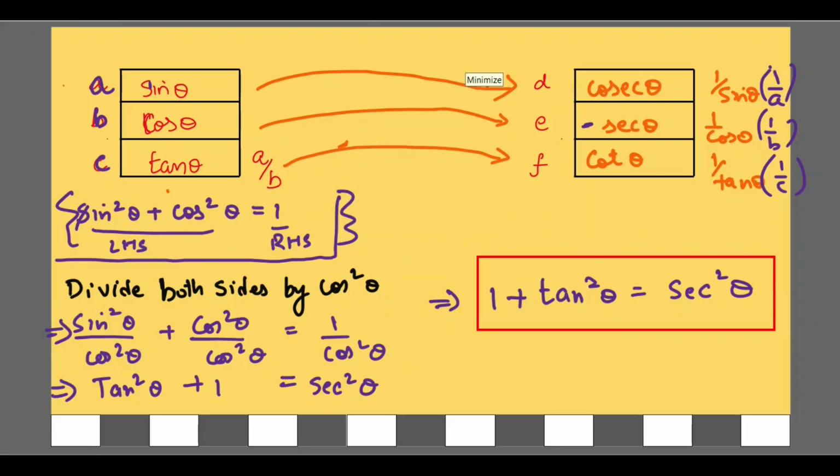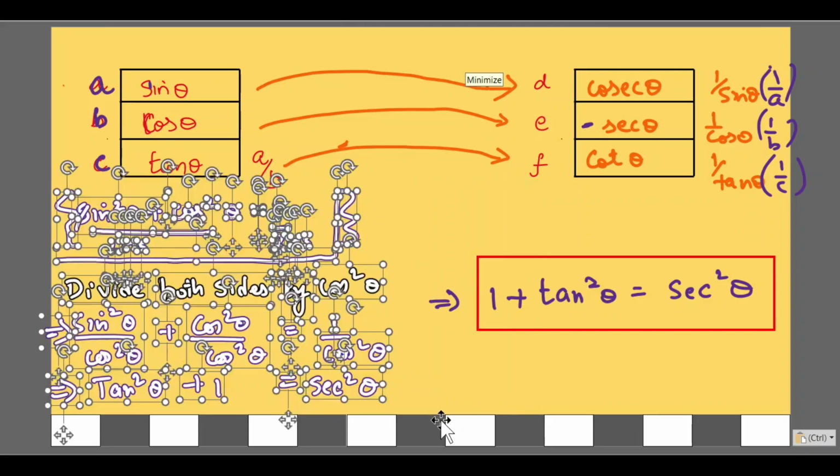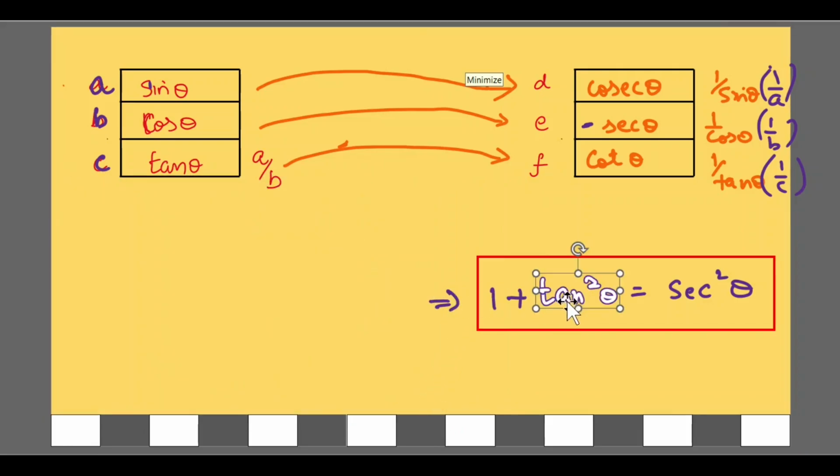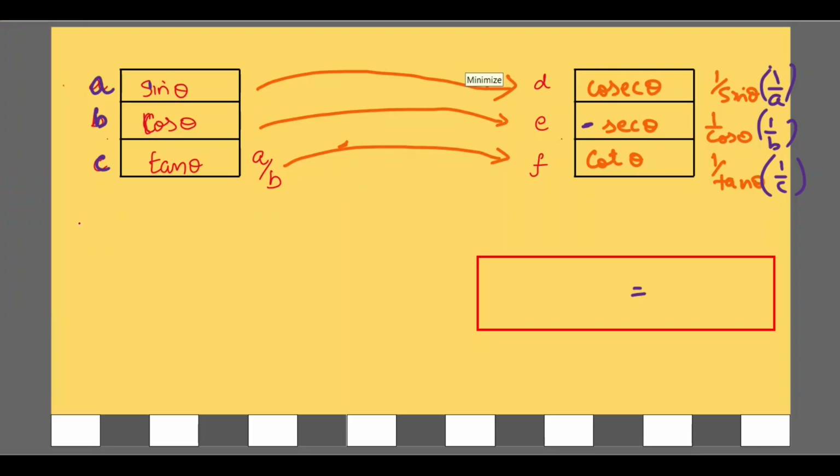So now let's go to another identity. Let's copy this. I use a different pen. Remember again, sine square theta plus cosine square theta is equal to 1.